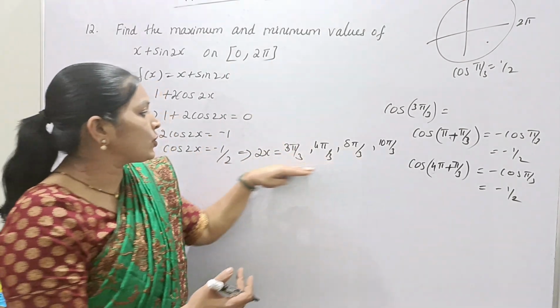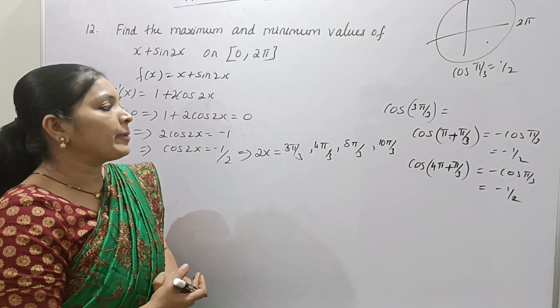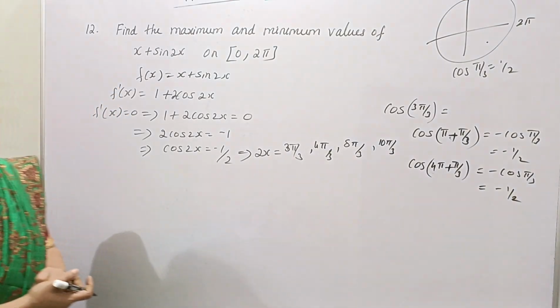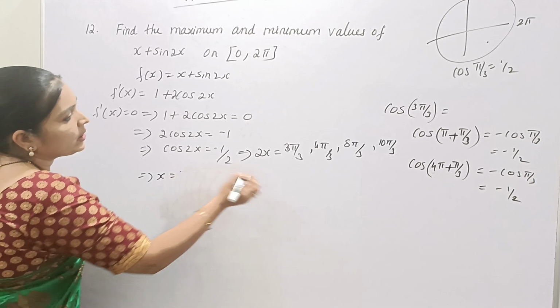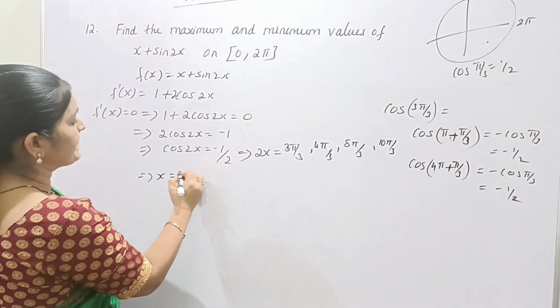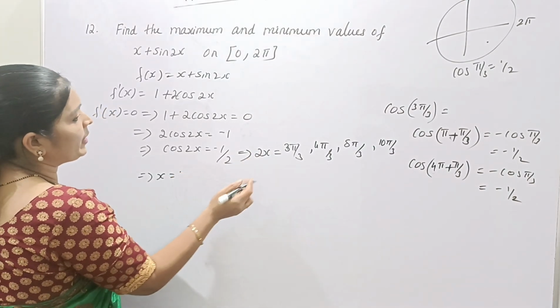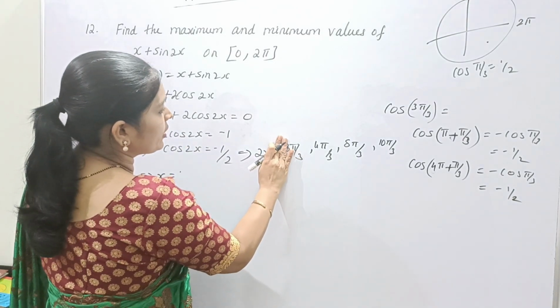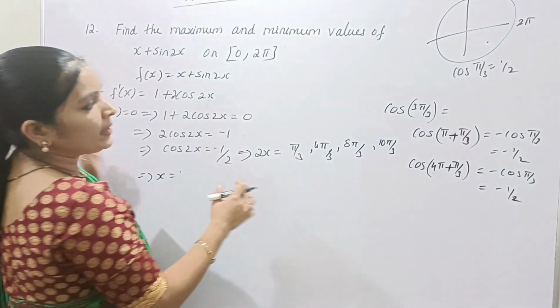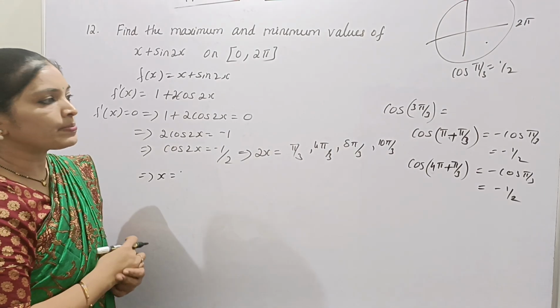So the 2x is equal to 2 pi by 3, 4 pi by 3, 8 pi by 3, 10 pi by 3. So what is x? Sorry, 3 pi by 3 is not included, right? 3 pi by 3 is nothing but pi, cos pi is minus 1.